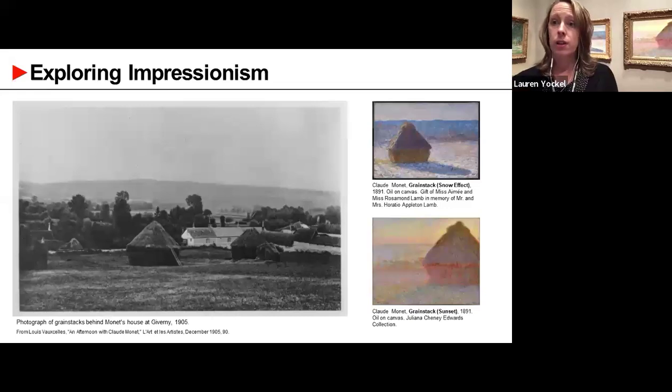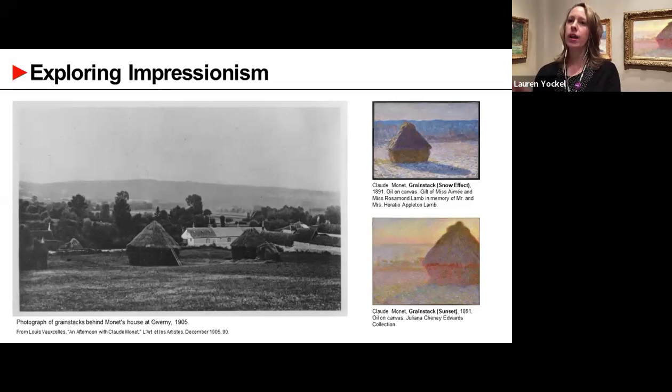The photo on the left side of the screen is from the year 1905. And this is a photo of what Monet would have seen near his house where he lived in France at the time. And you can see in the field those grain stacks. So this was a familiar sight for him, something that he saw often. And that's what he was making his paintings about.